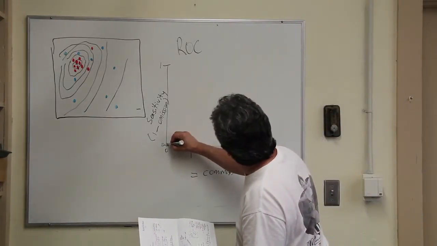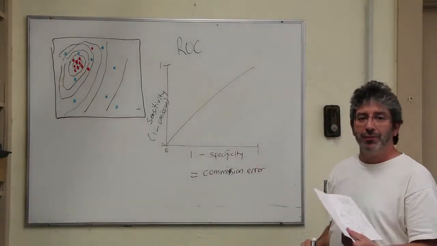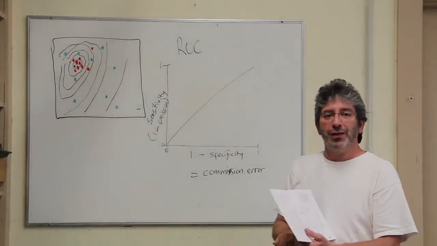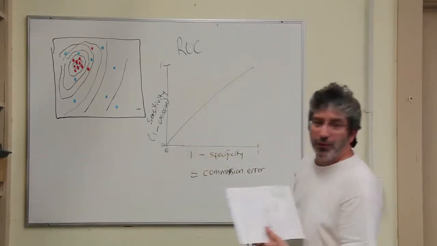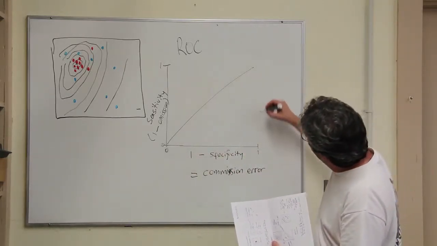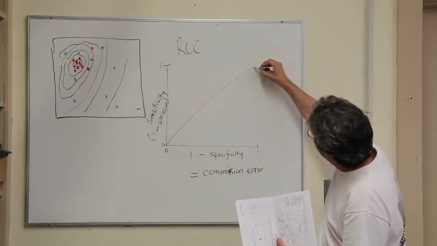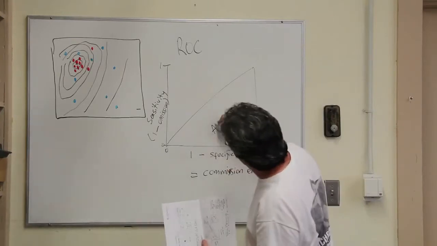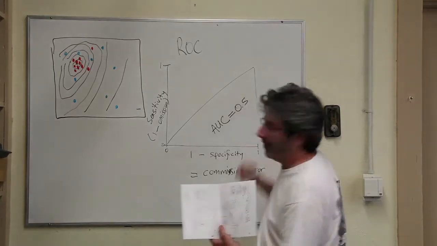The line of random expectations, essentially the performance of a random classifier, if we were just to use unrelated predictions and test data, would be a diagonal line like this. And so, because each of these is scaled from 0 to 1, the area under this line, we'll call it the area under the curve, equals 0.5.